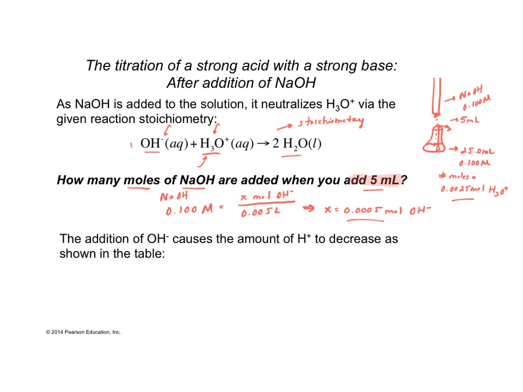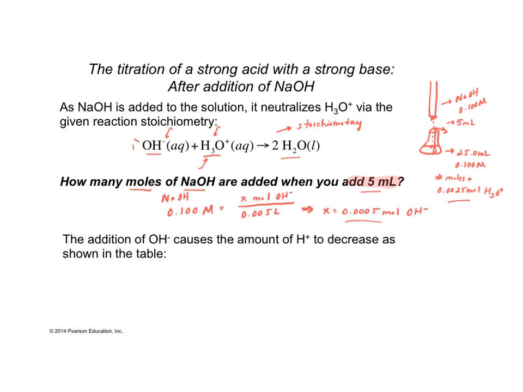Okay, so we're going to take our little stoichiometric reaction, where we have our OH minus reacting with our H3O plus to form water. We're going to write a BCA table over to the side. Please do not confuse this with an ICE table. This is more of a record-keeping type table.